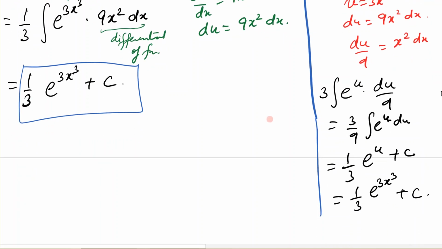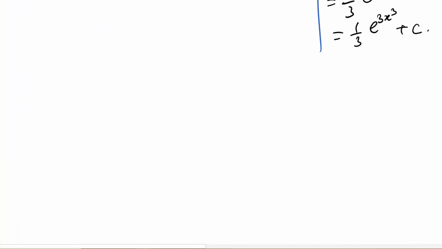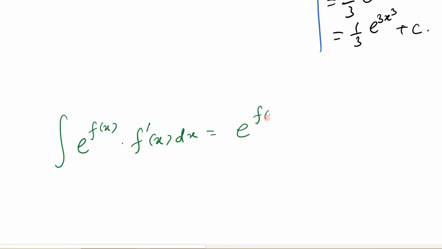So the gist of this video is that if you have some integral of the form e raised to power the function, times the derivative of the function dx, then the answer is e raised to power f(x) plus c.